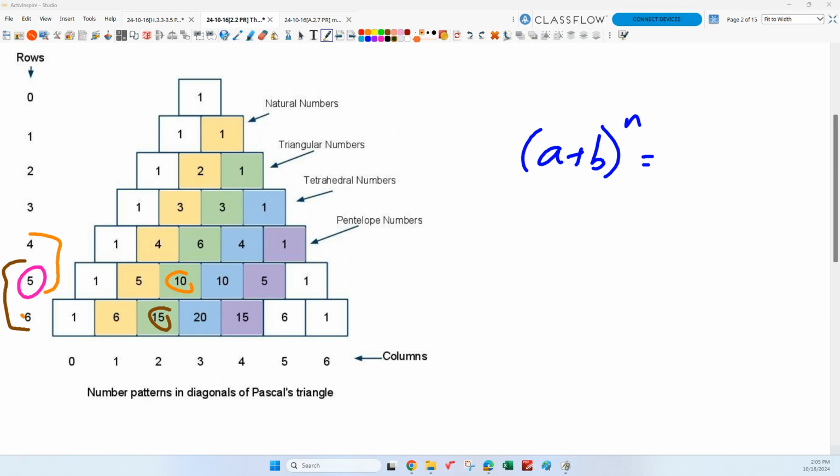And I'll give you a hint. So for the blue one, here's my hint. How am I going to get 20 out of 6? Multiply them all together and divide by what?